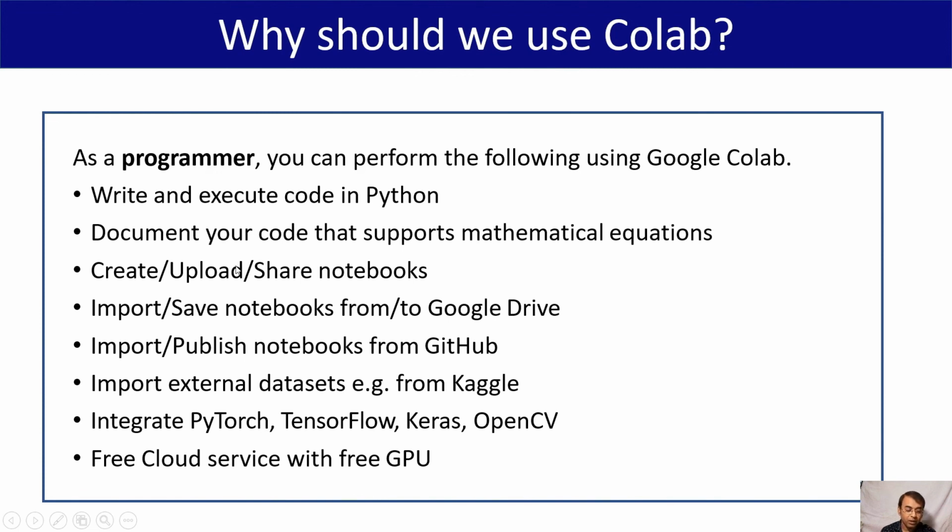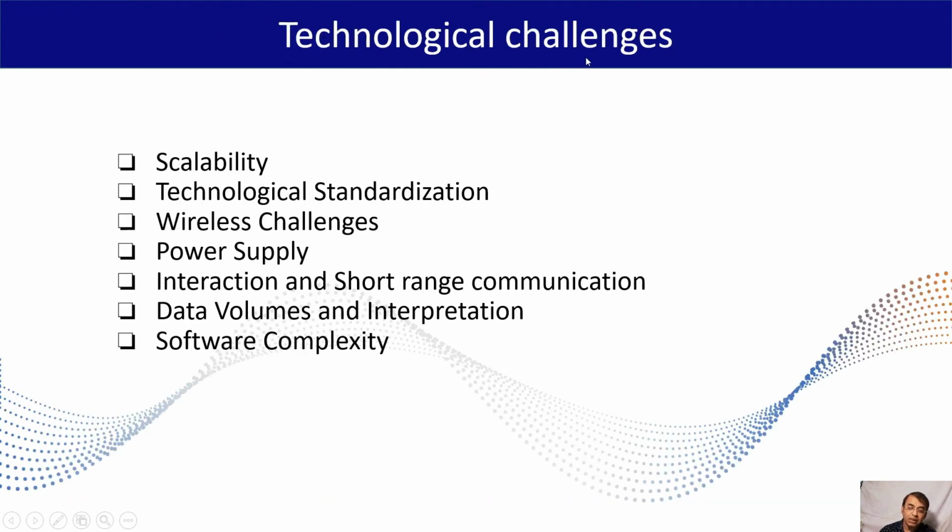Now I will tell you the technological challenges. First one is scalability. When the network is large, it is difficult to implement all these algorithms or use AI in IoT.